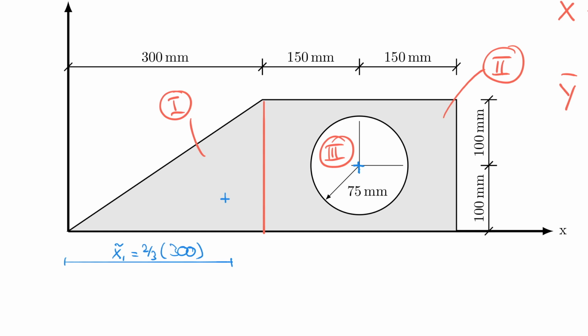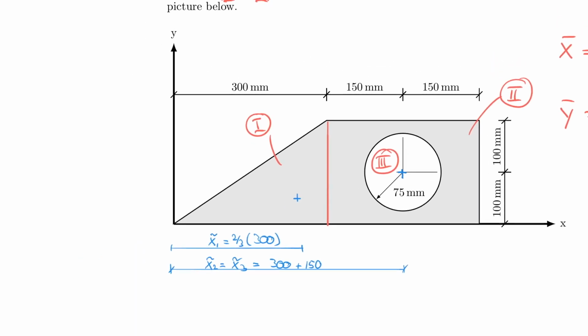So that would be that distance. And then the next X tilde 2 and 3 would be the distance from here to here. So that would be X tilde 2, which is equal to X tilde 3 in this case, which is equal to 300 plus 150.